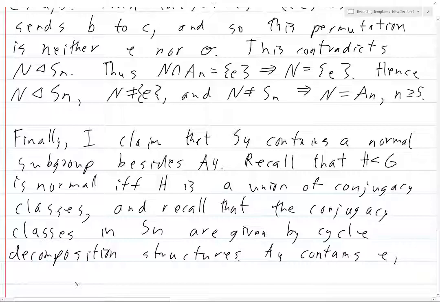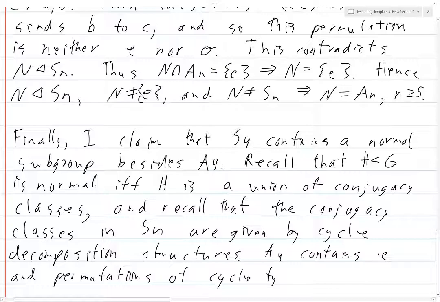It contains E, and I'm not going to worry about showing all of A4 here, but it certainly contains permutations of cycle type (A B C), where A, B, and C are indices between 1 and 4. And why is this? This is because we can write this as (BC)(AC).